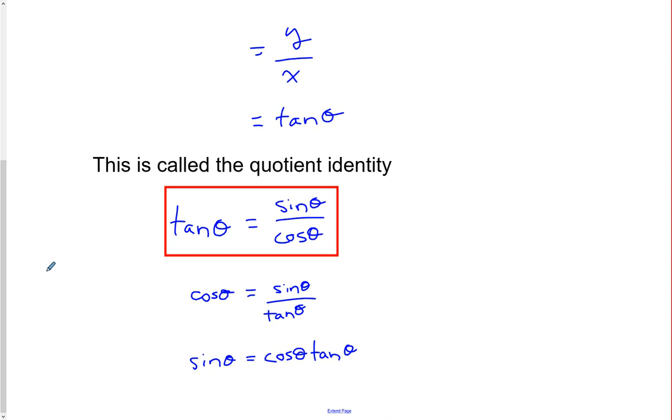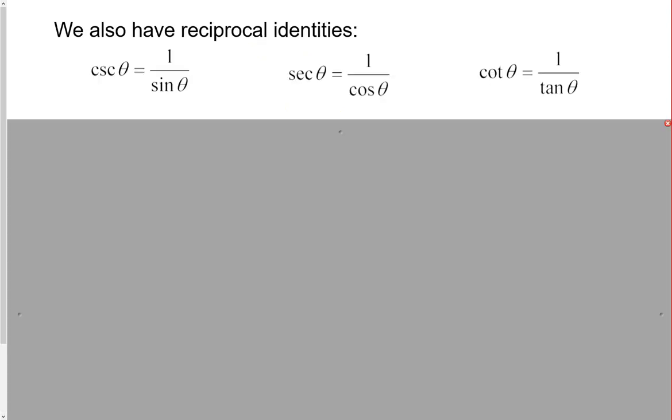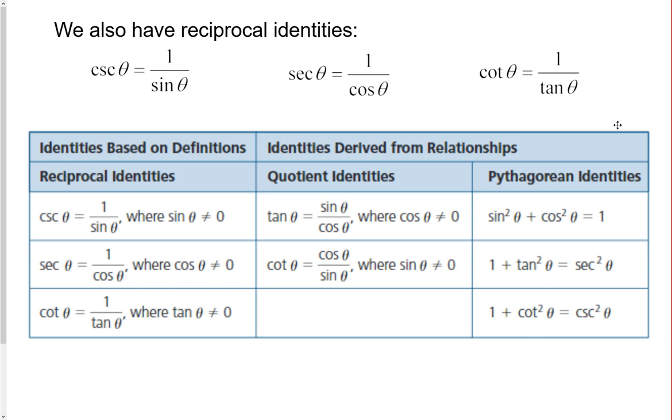So now we're going to try using these. Here's all the stuff in one place. Of course our reciprocals we could also call identities. We know they're true for any angle. Cosecant is just sine flipped, 1 over sine. Secant is just 1 over cos. Cotangent is 1 over tangent. For the 11U class, you've got this in your textbook on page, I think, 309.